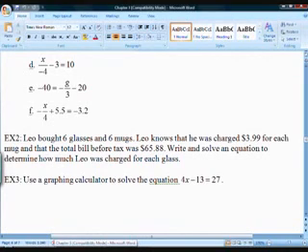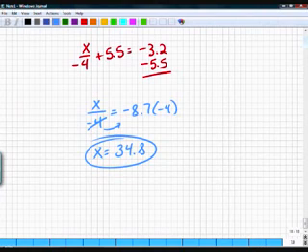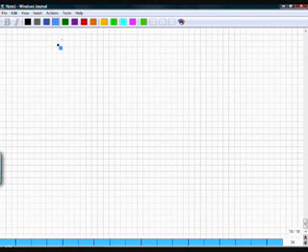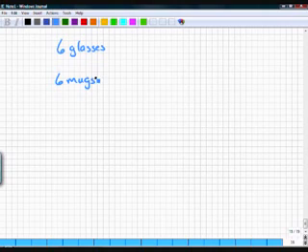Leo bought 6 glasses and 6 mugs. We know that he was charged $3.99 for each mug, and that the total bill before taxes was $65.88. Write and solve an equation to determine how much Leo was charged for each glass. 6 glasses, 6 mugs, total.